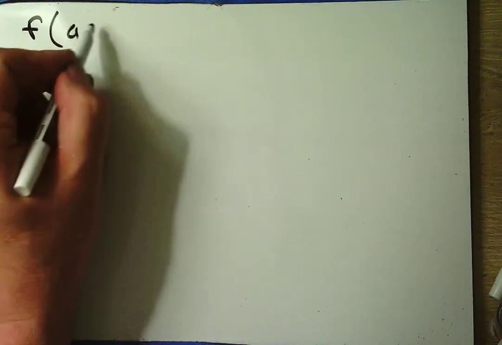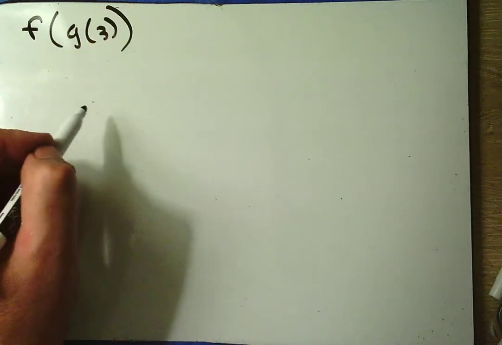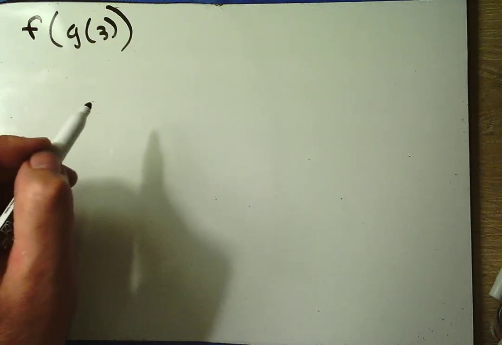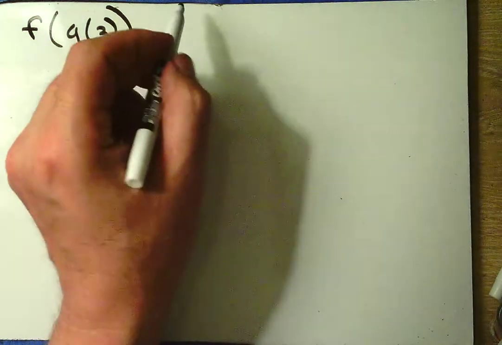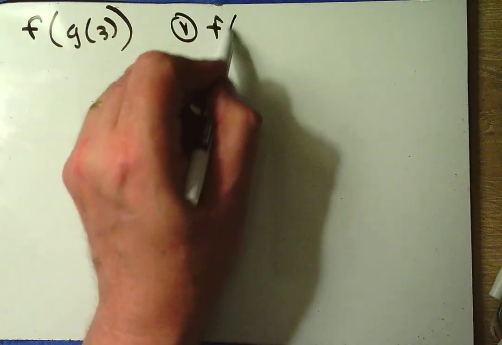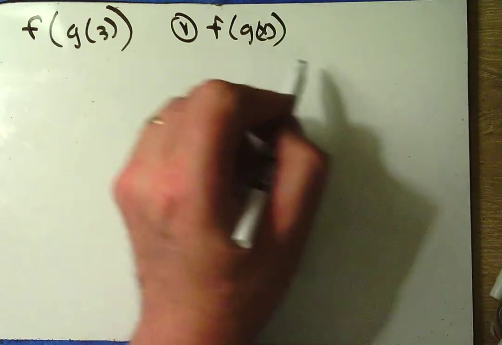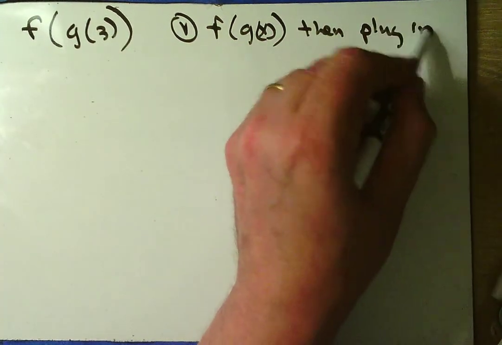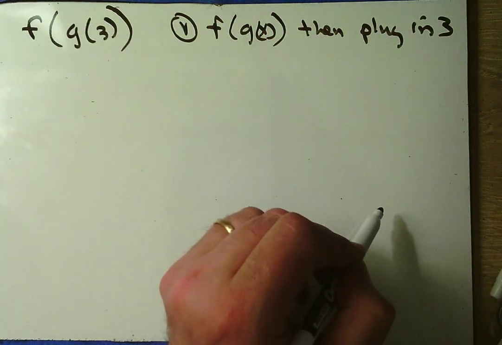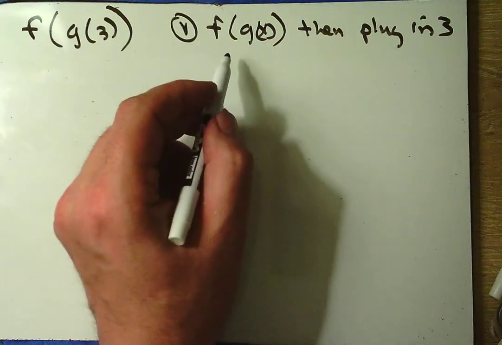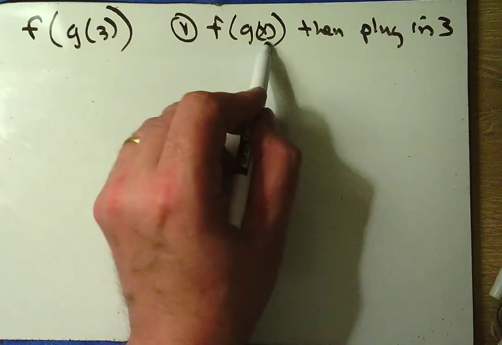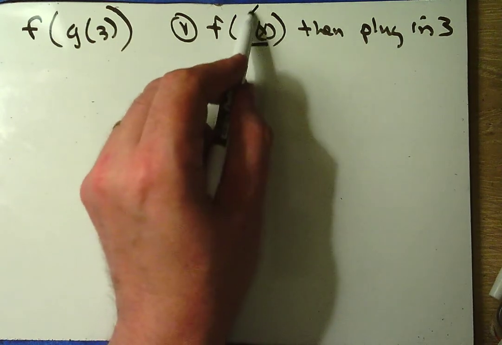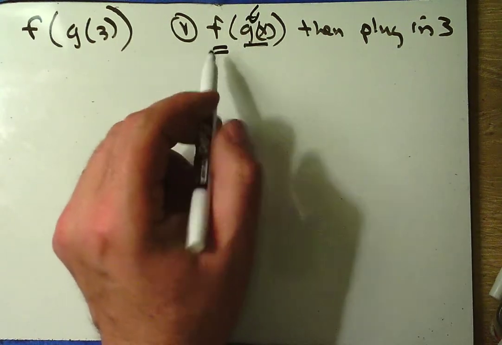6 says, find f of g of 3. So this is composition, and we can do it a couple of different ways. We can find f of g of x, then plug in 3. Let's try that first. Okay, so I need to take g of x and plug it into all the x's of f of x.